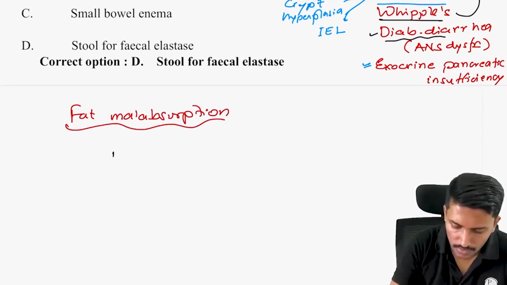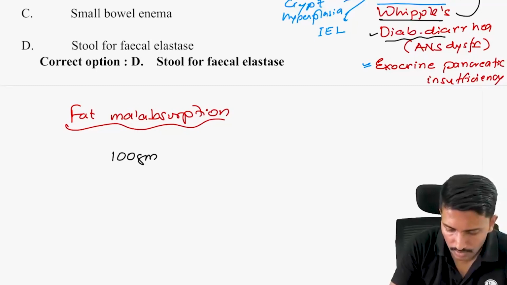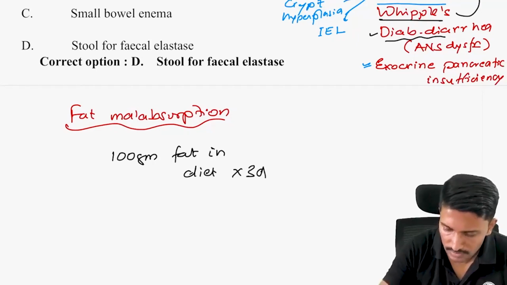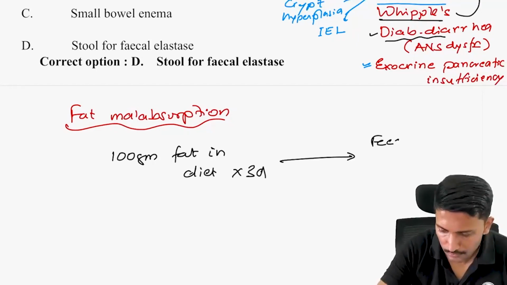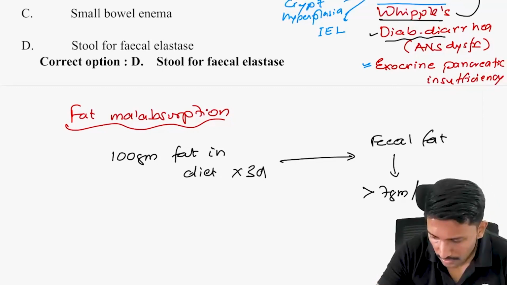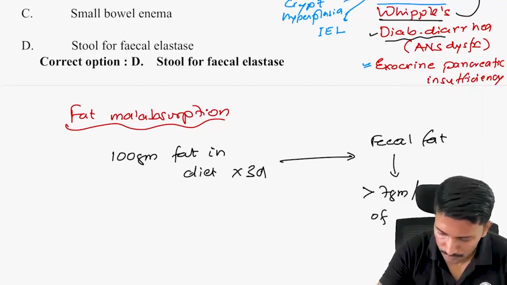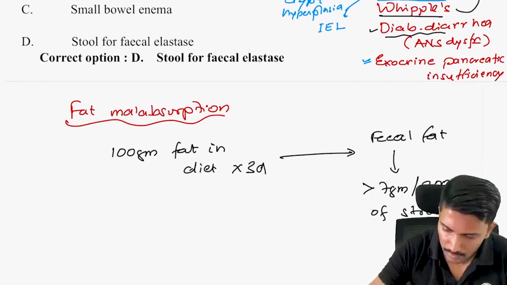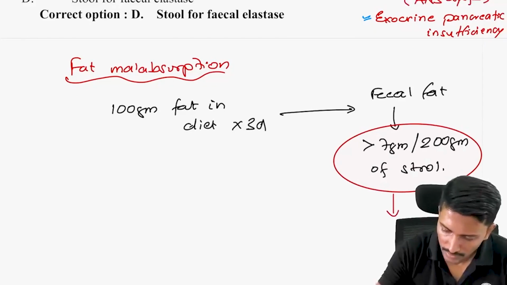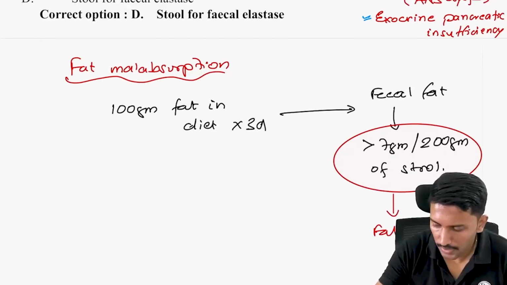What we do is we give 100 grams of fat in the diet for 3 days, and then we check the fecal fat. And if the fecal fat is more than 7 grams per 200 grams of stool, that is abnormal, right? This indicates that you have fat malabsorption.